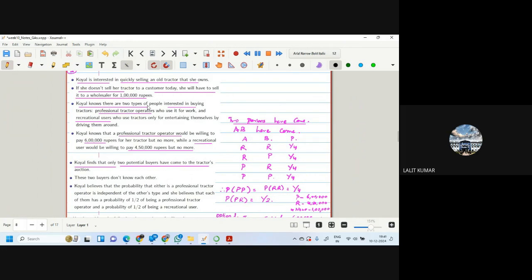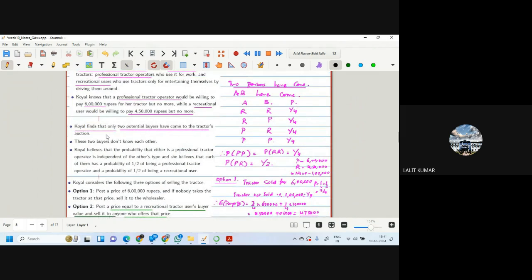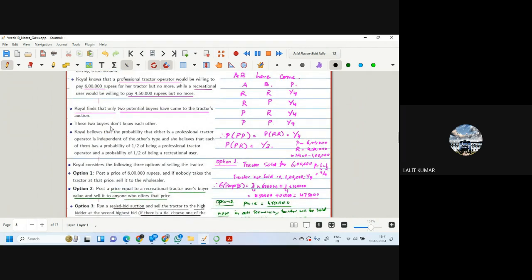Koel knows there are two types of people interested in buying the tractor: professional tractor operators and recreational users. Koel knows that a professional tractor operator would be willing to pay 6 lakh rupees, while a recreational user would be willing to pay 4 lakh 50,000. Now she finds that only two potential buyers have come to the tractor's auction. These two buyers, they don't know each other.